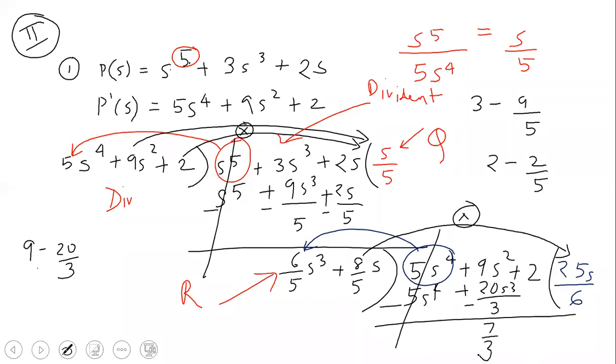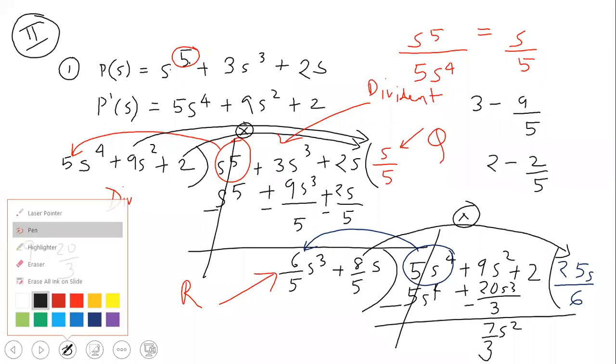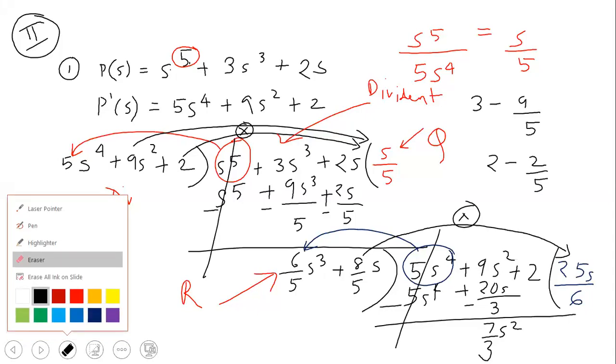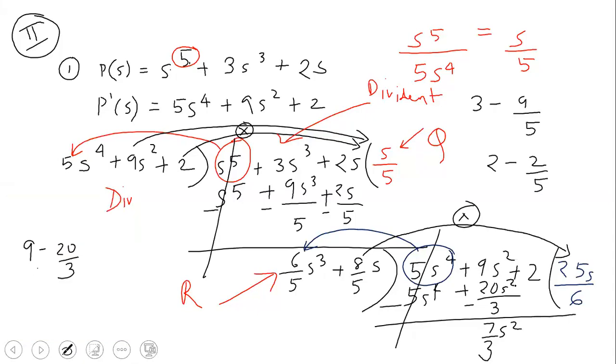Right? 7 by 3 s square आएगा. Sorry, I have written here s cube, ये s cube नहीं आएगा, s square आएगा. Okay, plus 2. तो यहाँ मेरा रिमाइंडर आया. Now I am going to shift it to the other side, मतलब जो मुझे रिमाइंडर मिला है वही मेरा क्वोशंट बनेगा.